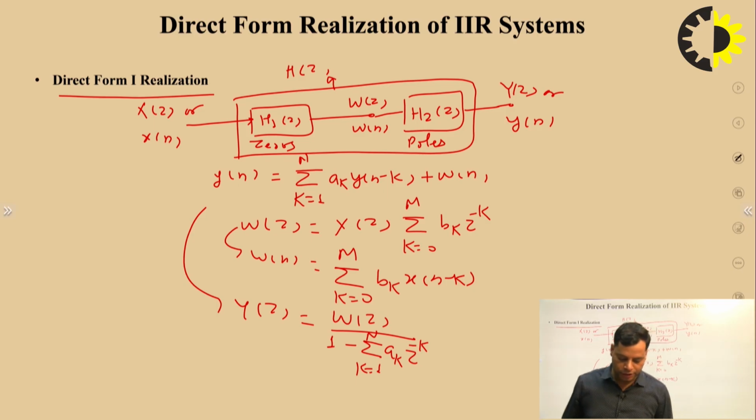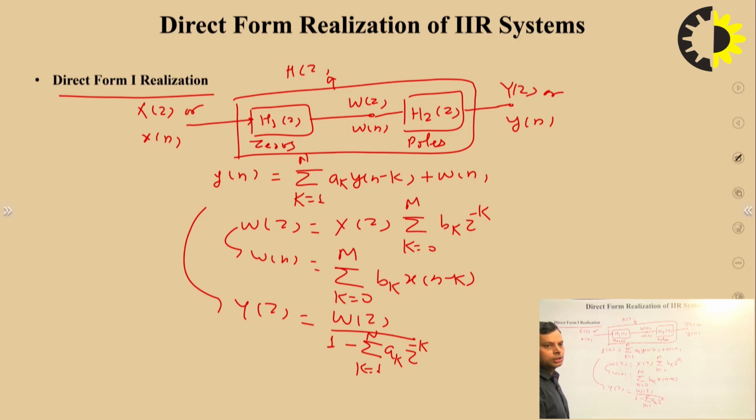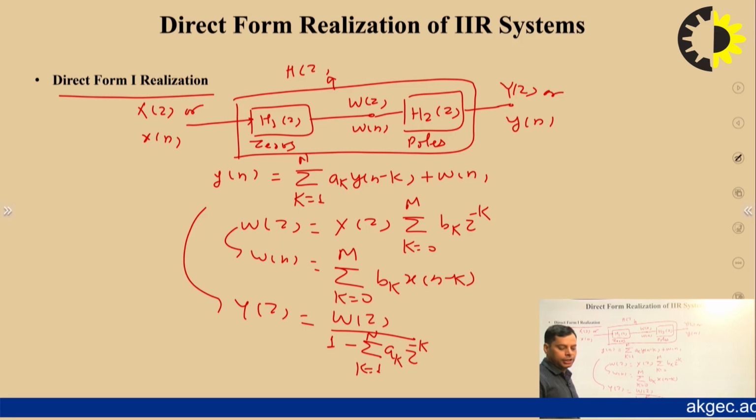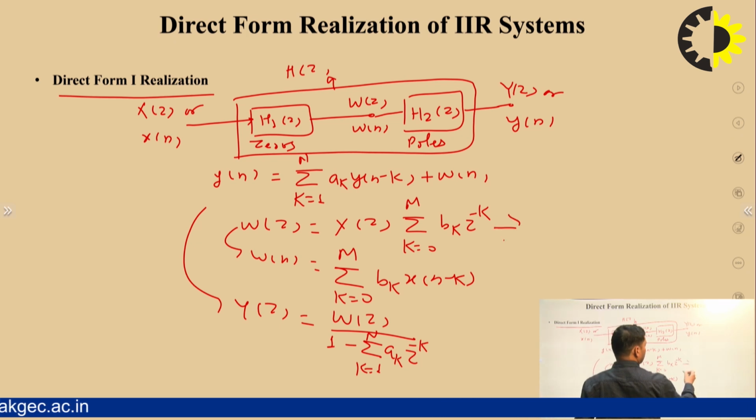With this methodology or derivation, we can now design. So at the realization time, first of all we have to realize the zeros. Zeros means this W(z) part, that is W(z) is equal to X(z) multiplied by the factor summation over k equals 0, 1, 2 of b_k z raised to the power of minus k. Now, first we have to realize this function.